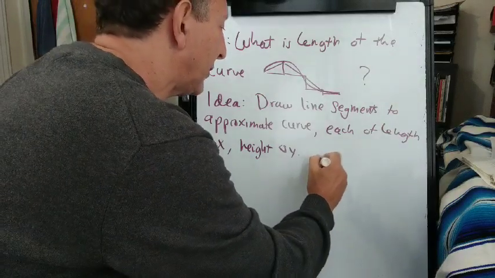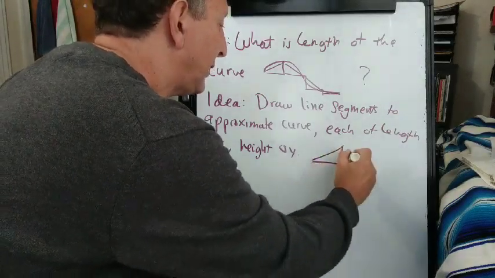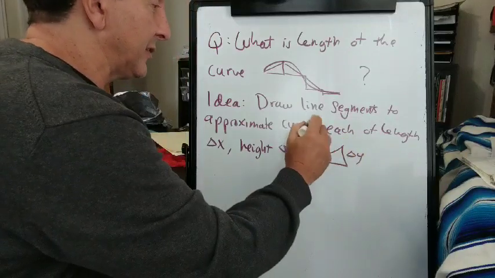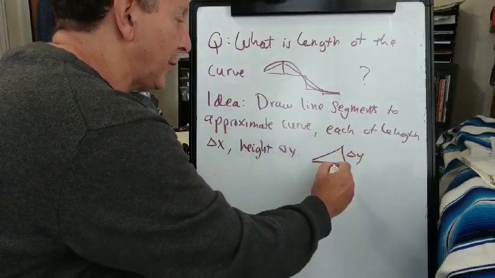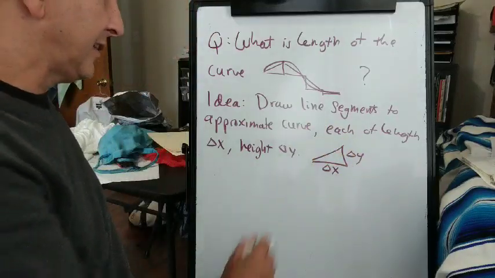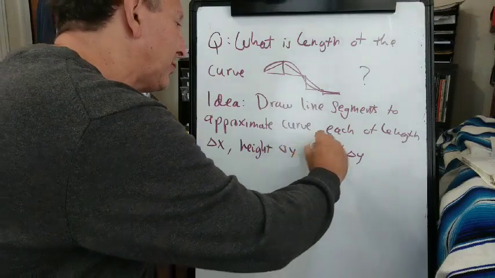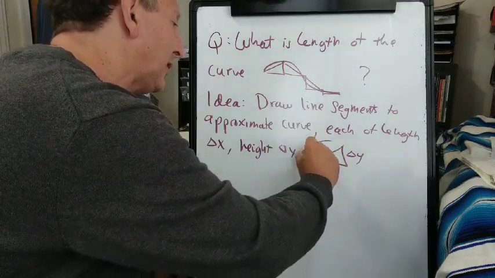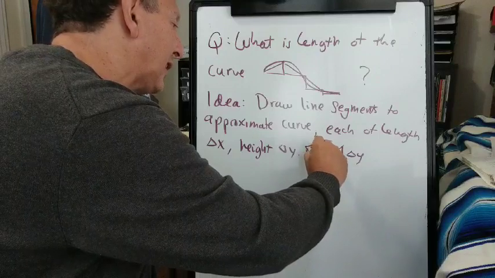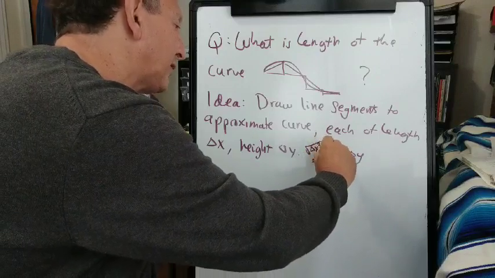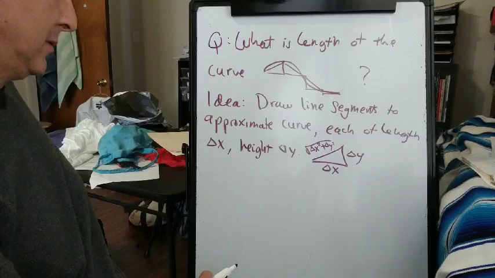And if we know the height of the triangle is delta y and the width is delta x, then the hypotenuse must have length the square root of delta x squared plus delta y squared.